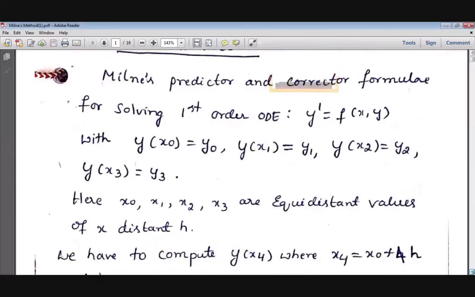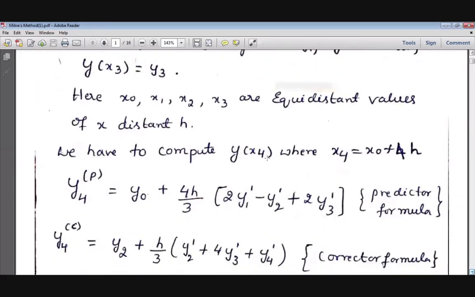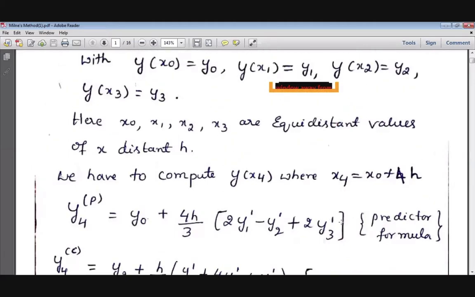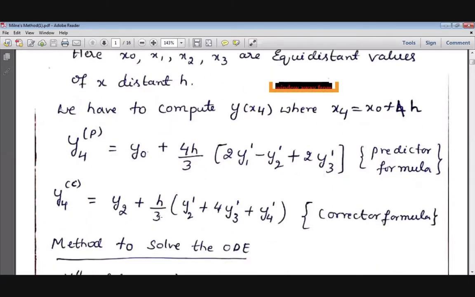We discussed this in module 4. y4 of p is equal to y0 plus 4h by 3, 2y1 dash minus y2 dash plus 2y3 dash. This is the predictor formula. We studied this in module 4, correct? You did problems also. Then y4 of c is y2 plus h by 3, y2 dash plus 4y3 dash plus y4 dash. This is the corrector formula.